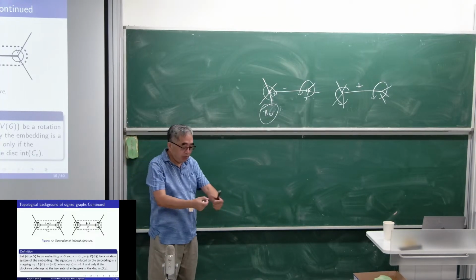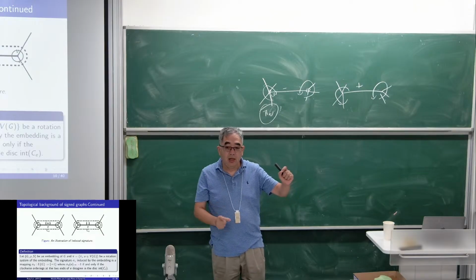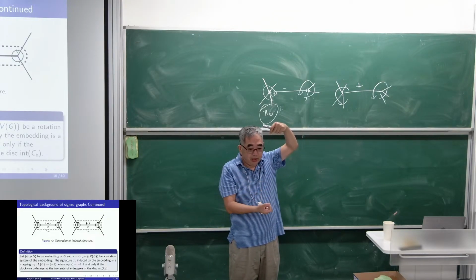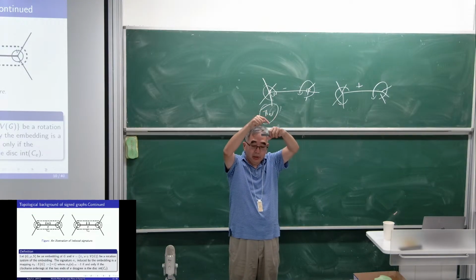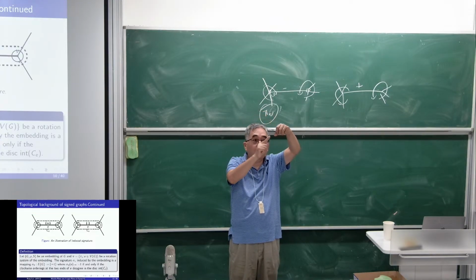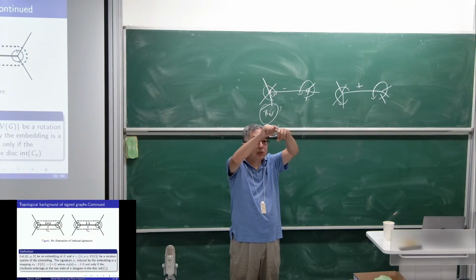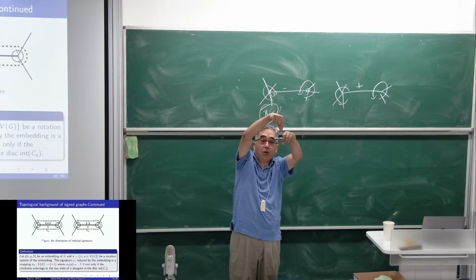When we look at the piece of paper, it's easy to tell which one is clockwise, which one is counterclockwise. But when we have a non-orientable surface, in particular a Mobius strip, a piece of paper will have two sides, right? If you work on this side, you cannot go to the other side. But the Mobius strip has one side, so you can always walk from here to here. So if you just stand here, you can see that this direction is clockwise.